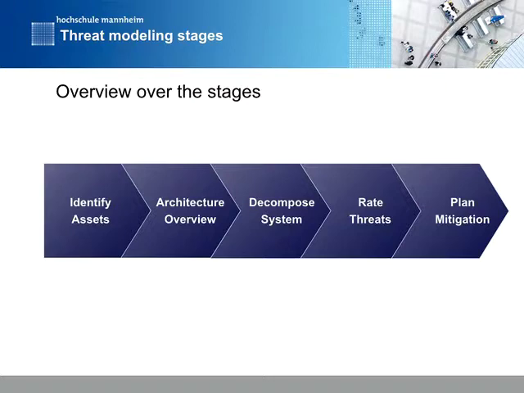This is specifically meant towards finding the trust boundaries, so which components should belong together from a security point of view. Identify and rate threats, and plan mitigation, so find countermeasures to address the security issues that you've identified. So let's go quickly to each of these steps.